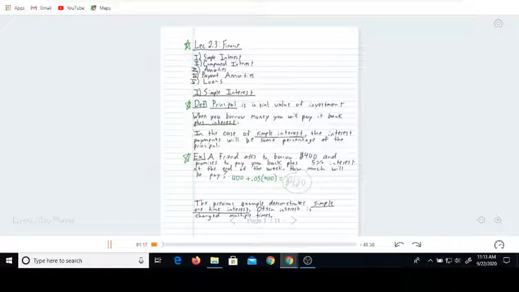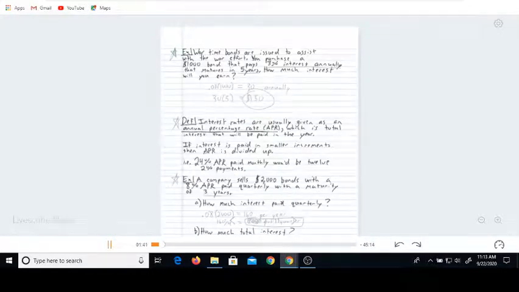So that comes out to $420. So at the end of the week, he's going to be paying you $420. So you get your $400 back plus that 5% interest. So this example demonstrates simple one-time interest, but many times interest is charged multiple times.